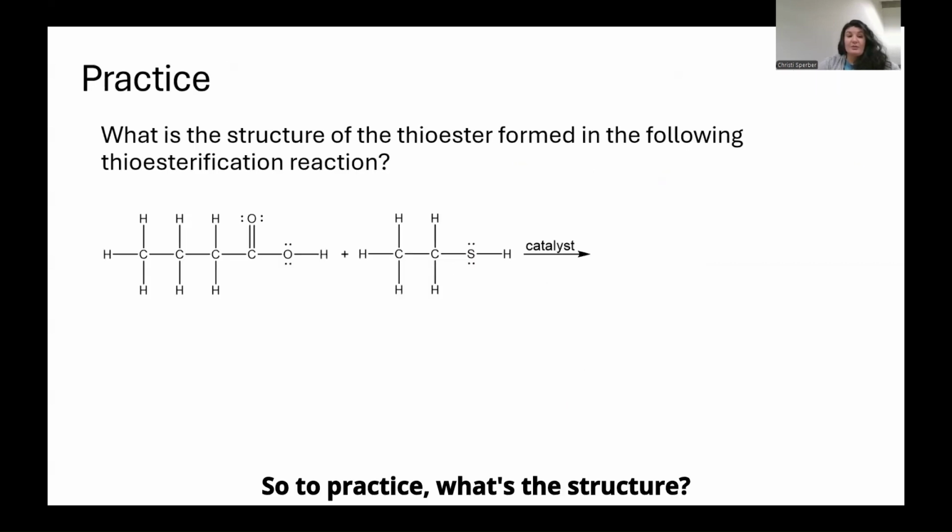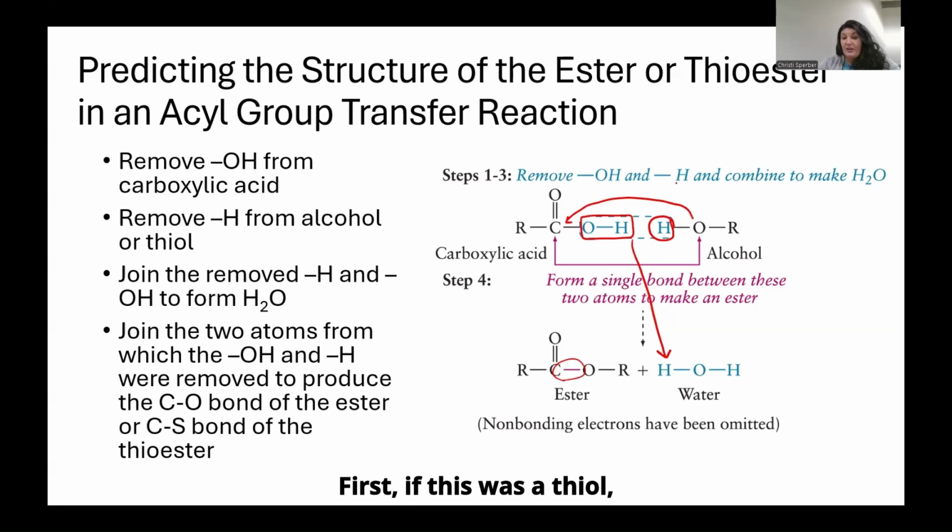If this was a thiol, this oxygen right here would be an S, and the only difference would be a sulfur atom right here instead of an oxygen.